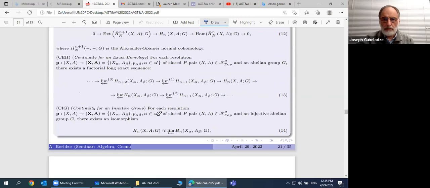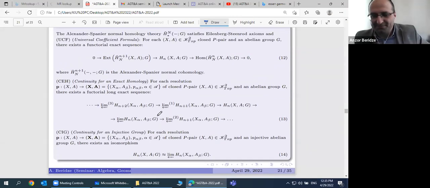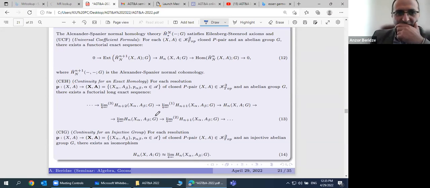But what is the main result for this homology? For this homology, we have proved the universal coefficient formula is valid. What does it mean?